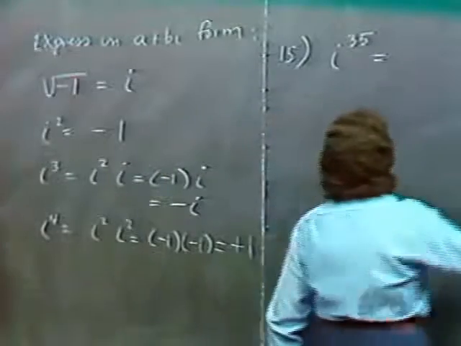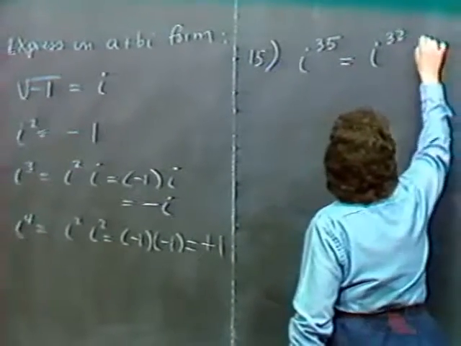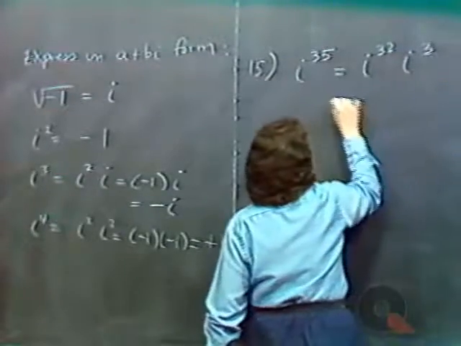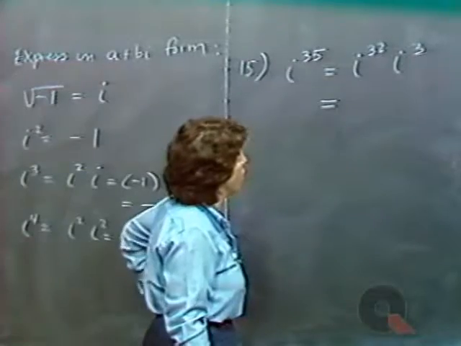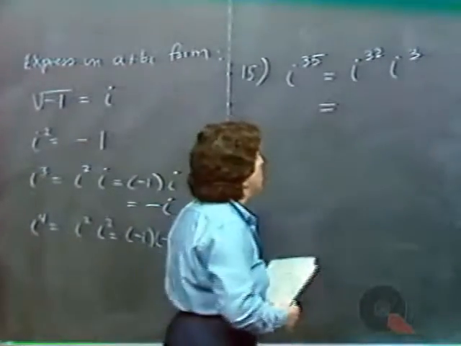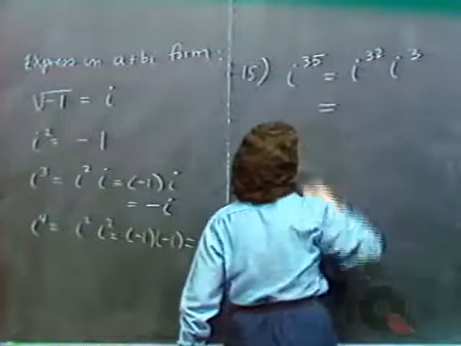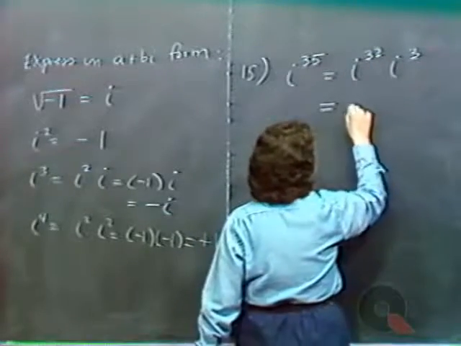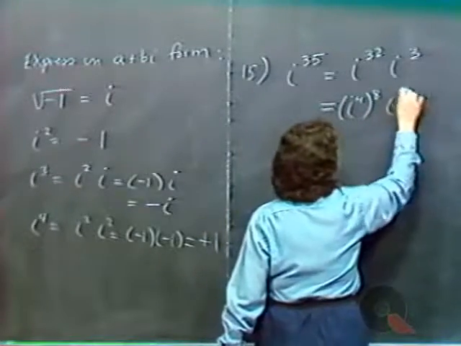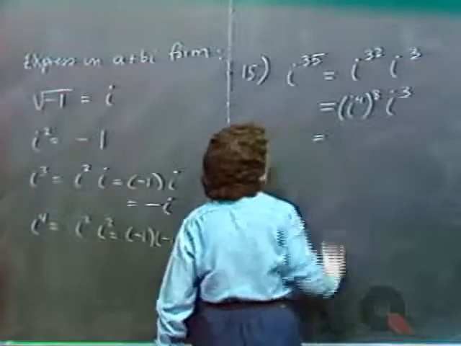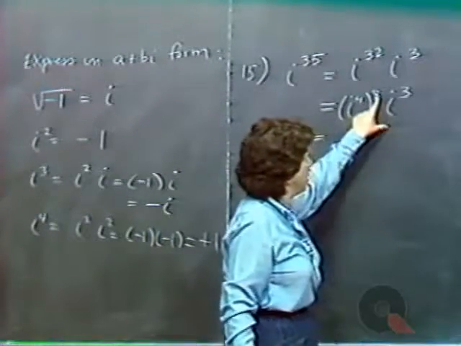So I'm going to write this as i to the 32 times i cubed. i to the 32 times i to the 3 is i to the 35. But i to the 32 was chosen because it was the largest multiple of 4 contained in 35. So this is really i to the fourth to the 8th times i cubed.